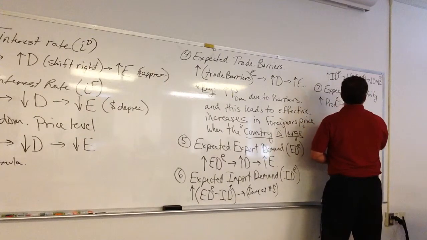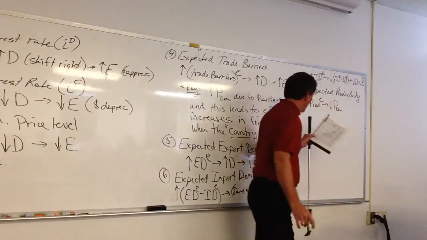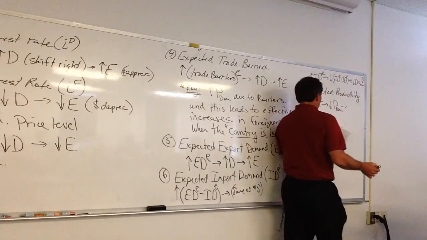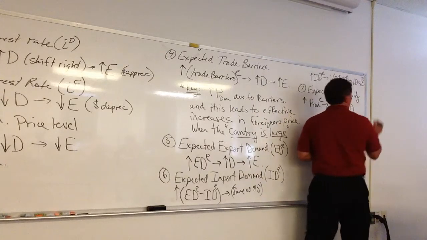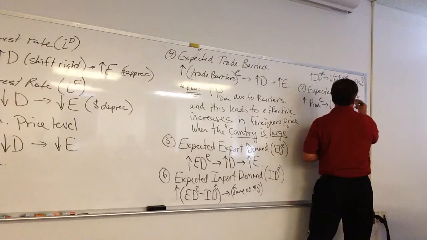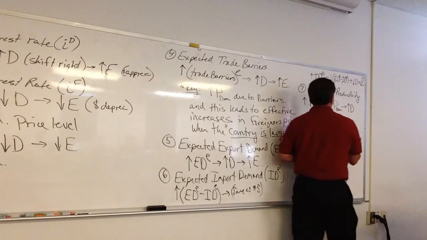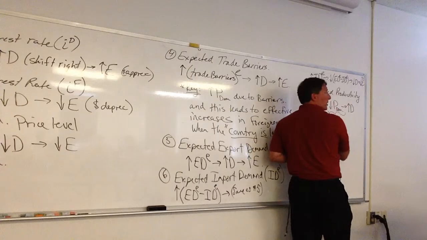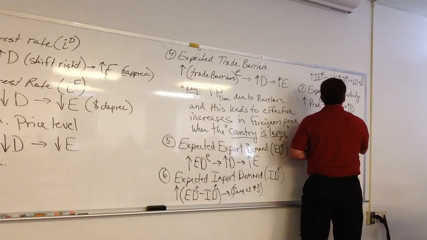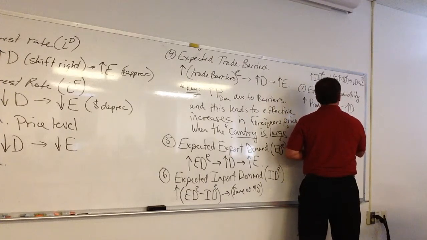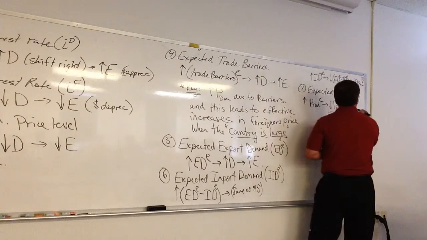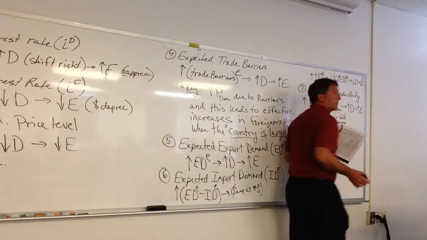Once there's a decrease in the domestic price, then our stuff looks better relative to the world, and so other people want to buy it. There's an increase in demand for our currency in order to buy our stuff. This is similar to the price level argument. Our stuff is cheaper than the rest of the world, and that leads to a stronger dollar appreciation.